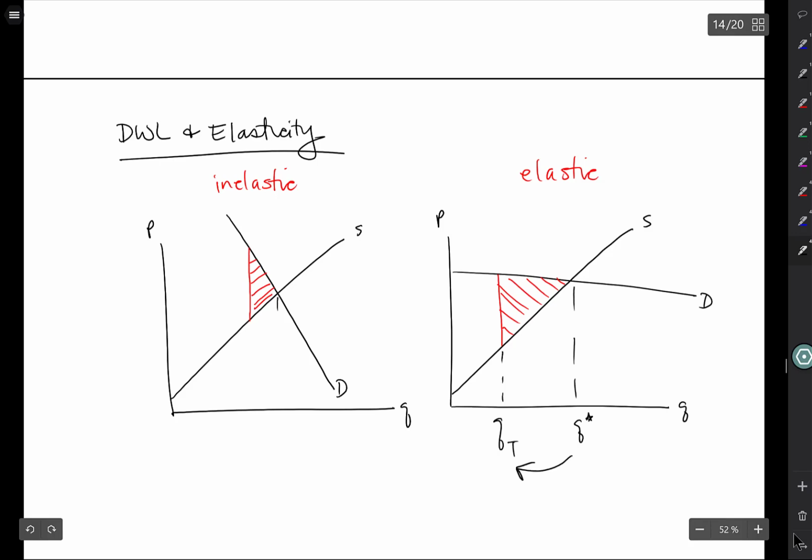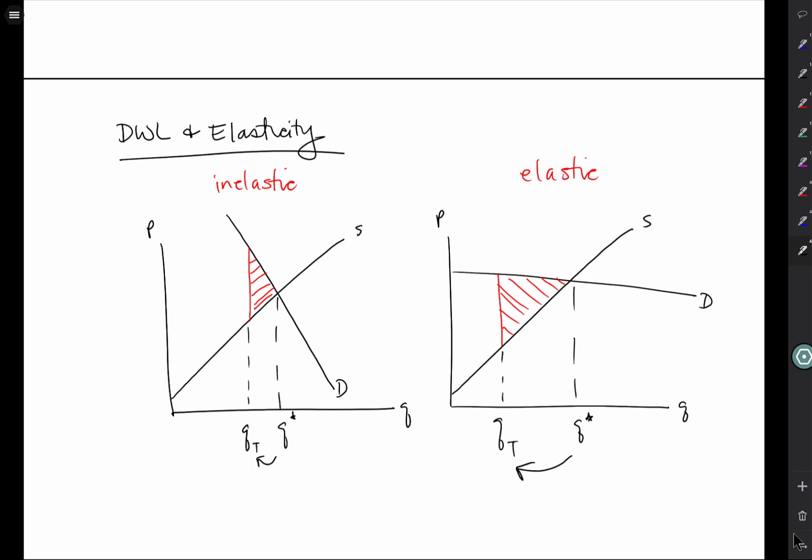Versus the market that is relatively less elastic, or more inelastic, same thing, it didn't respond by as much because it's less sensitive to price changes. So what I want you to understand is that if you impose a tax, depending on which market you impose it on, it could lead to bigger or smaller deadweight loss. If the market is more sensitive to price changes, the deadweight loss is going to be bigger. If the market is less sensitive to price changes, the deadweight loss is going to be smaller.